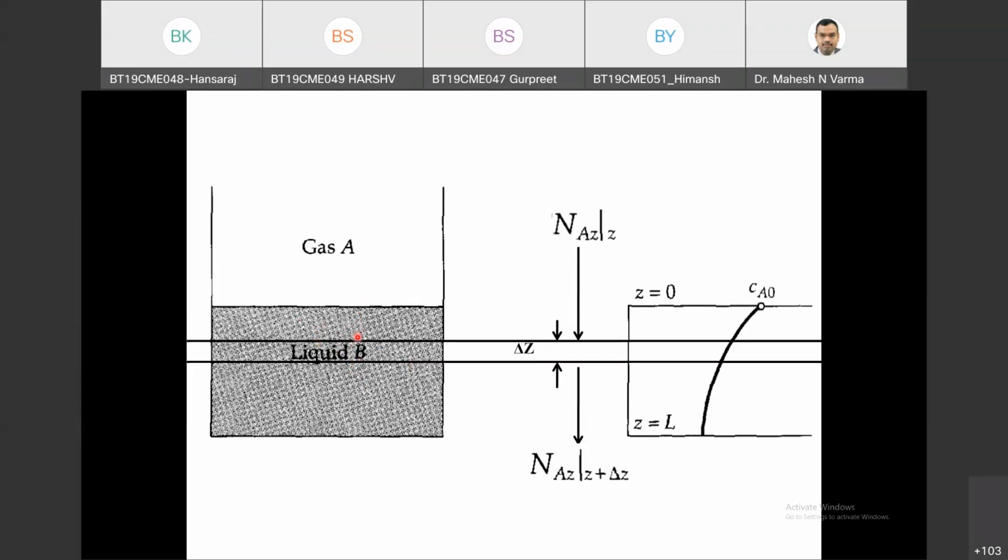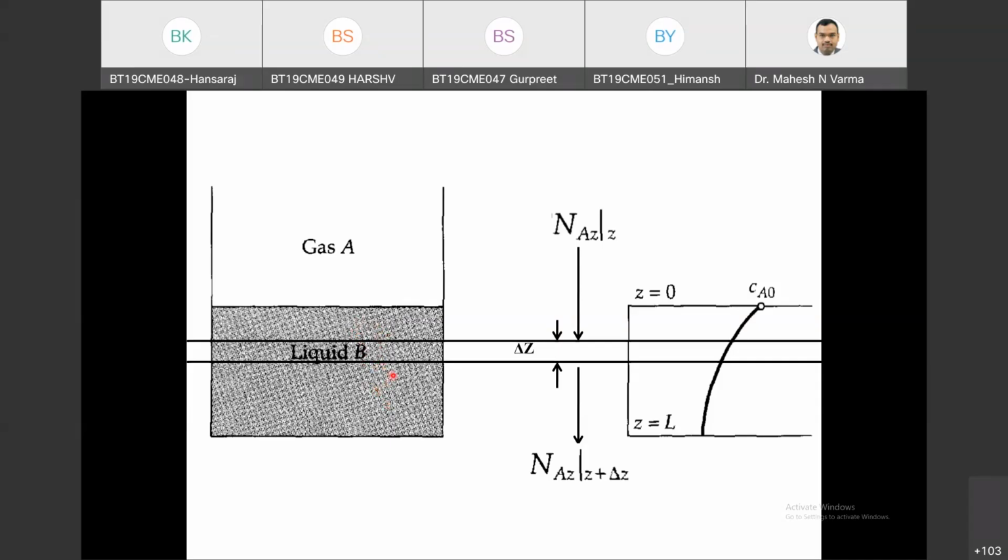Writing a shell balance, the flux of A coming into the differential shell is DAB times dCA by dZ, where DAB is the diffusivity of A and B.